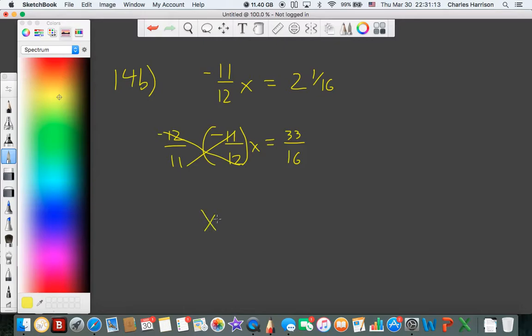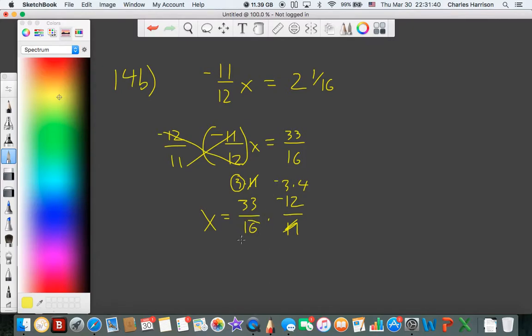So now it's x equals 33 sixteenths times negative 12 elevenths. Well, this is 3 times 11, so that 11 and this 11 can cancel out. And so we're left with a 3 on top. And then this is 3 times 4, right? Negative 3 times 4.